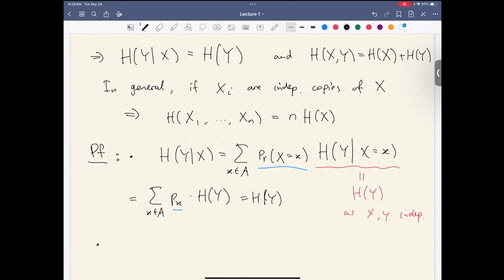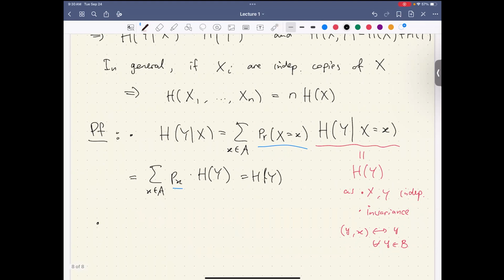Here, what we use is that X and Y are independent, and also the invariance axiom, because we basically map every instance of (y, x) by a bijection to y for every y in B. The second one is by the additivity axiom.